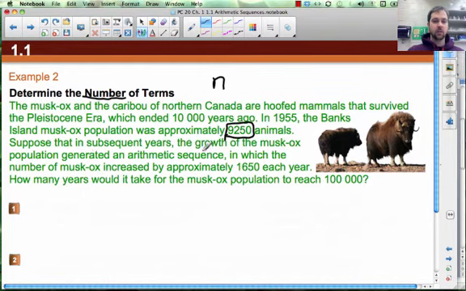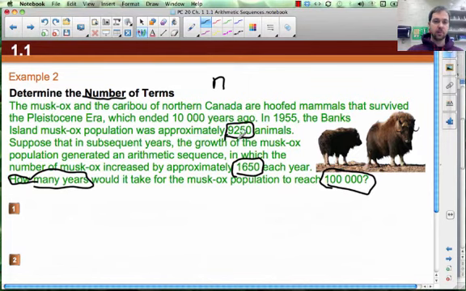Suppose that in subsequent years, the growth of the musk ox population generated an arithmetic sequence in which the number of musk ox increased by approximately 1650 each year. How many years would it take for the musk ox population to reach 100,000?